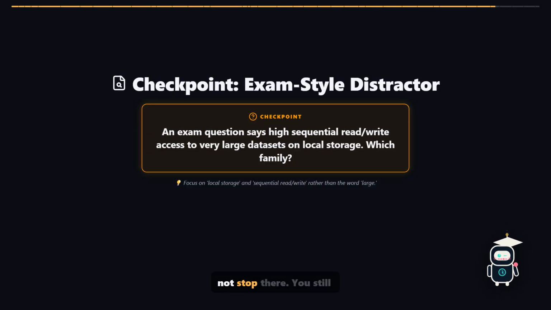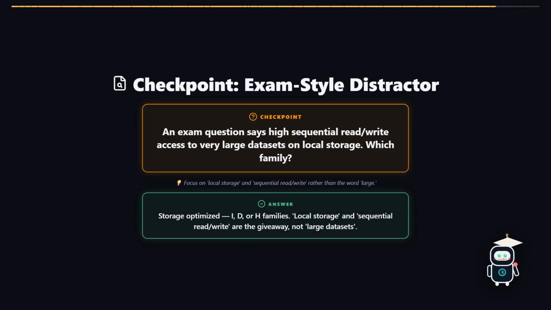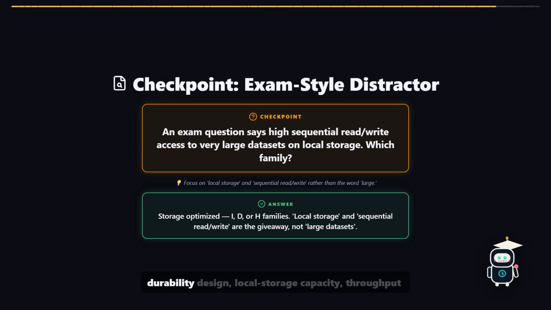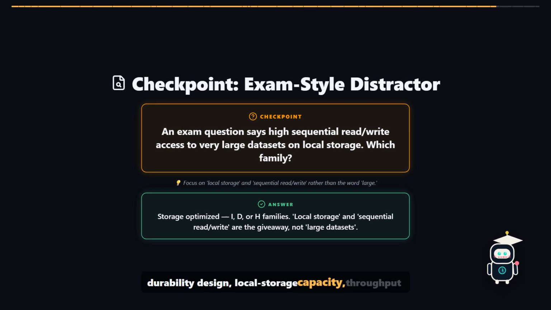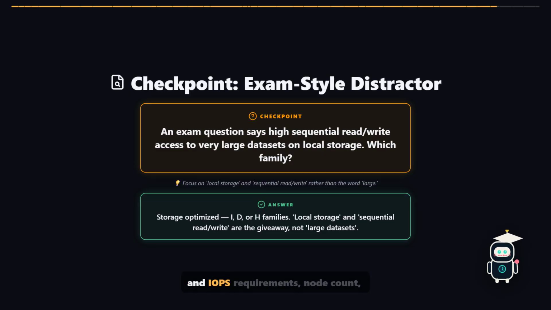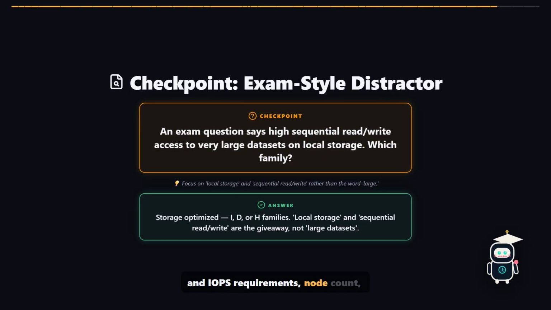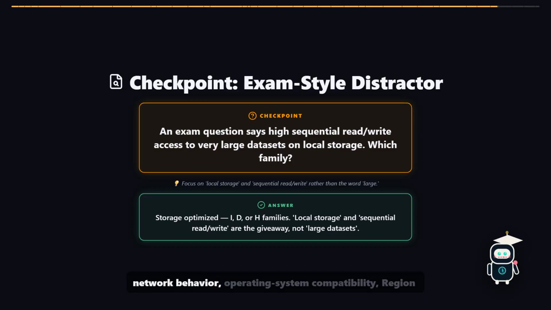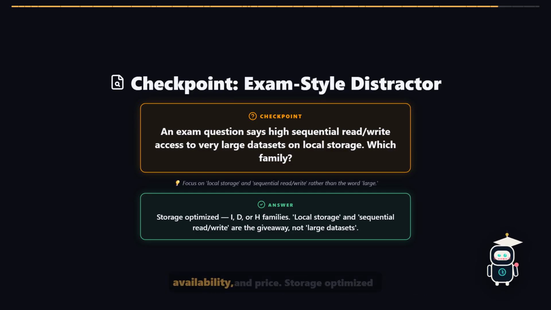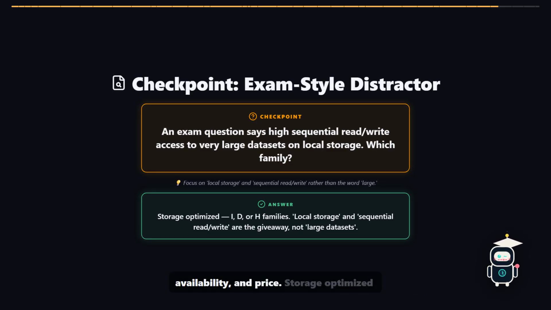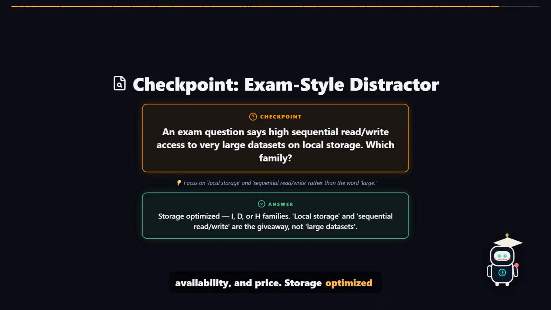But do not stop there. You still need to verify the exact durability design, local storage capacity, throughput and IOPS requirements, node count, network behavior, operating system compatibility, region availability, and price. Storage optimized is the starting hypothesis, not the whole architecture.